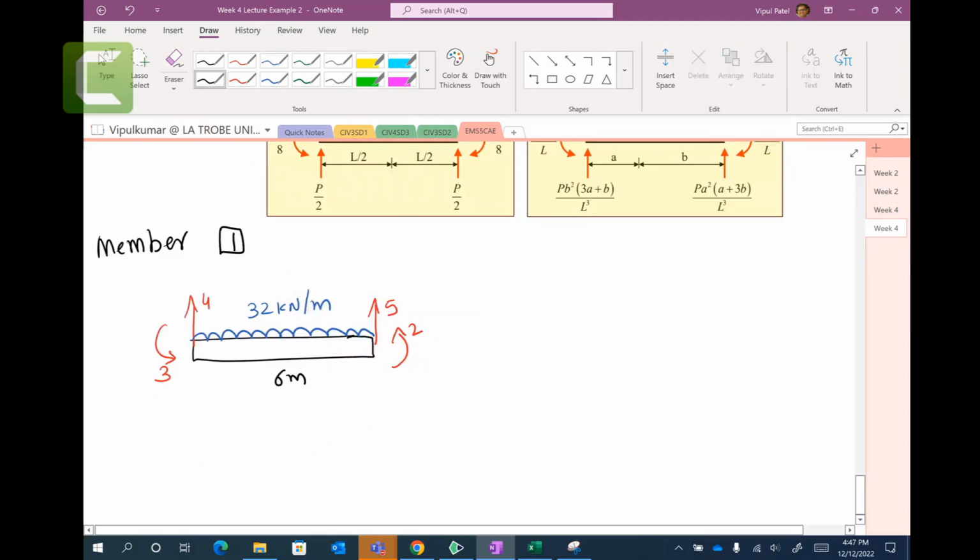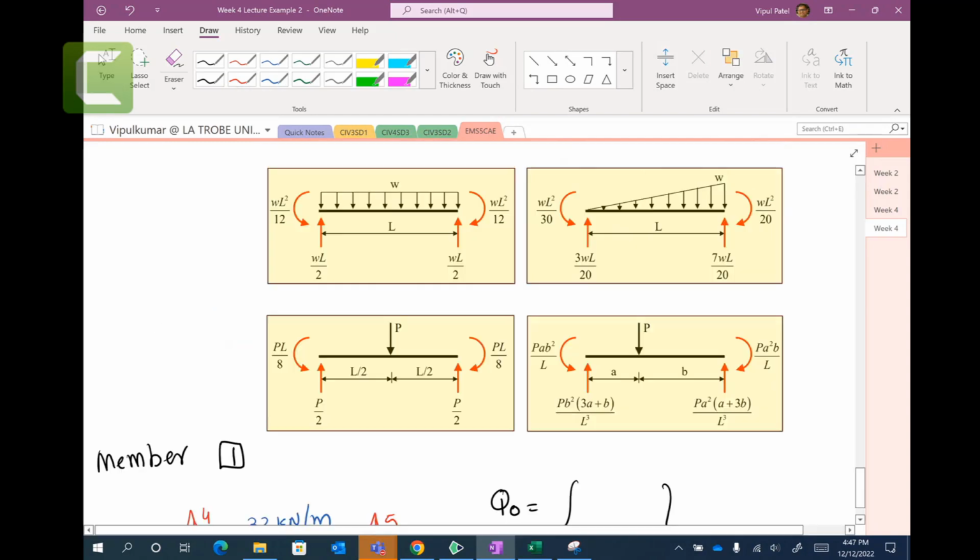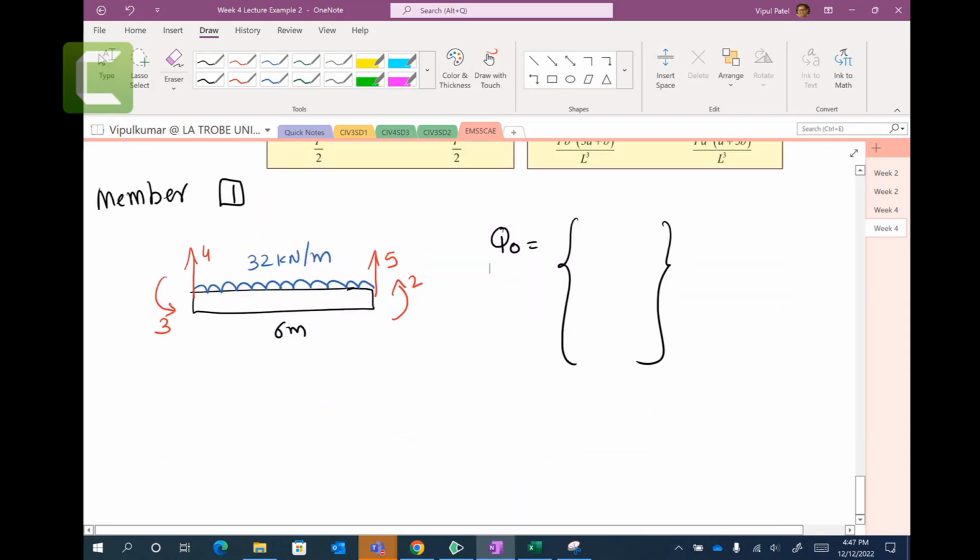So now, to calculate this Q0 matrix for member 1, the location vector is here. In here, this is your near node, this is your far node. So first we write the near node, and near node is 4 going vertical, and the rotation is 3.